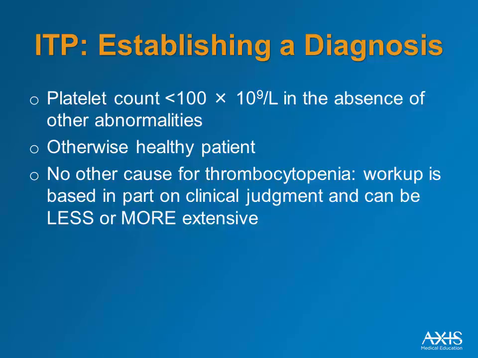The typical thing to say is that there be no other cause for the thrombocytopenia. However, for example, some of the infections described above or common variable immunodeficiency may not have other findings that you would expect, i.e. patients may not have gastritis and in CVID not have any history of infections.